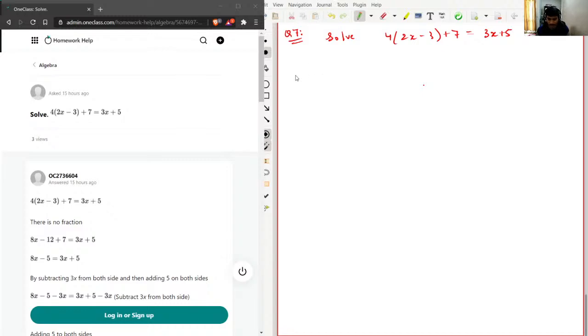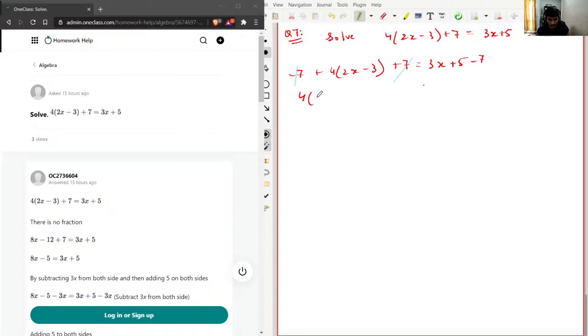So first I will subtract 7 from both these sides. So that will be minus 7 plus 4 times (2x minus 3) plus 7, equal to 3x plus 5 minus 7. So this and this will get cancelled, and this will be negative 2.